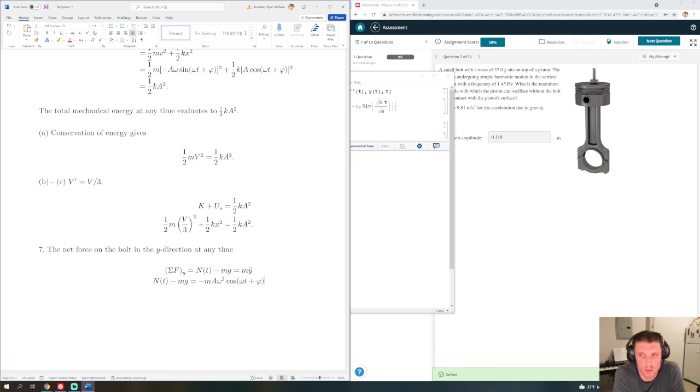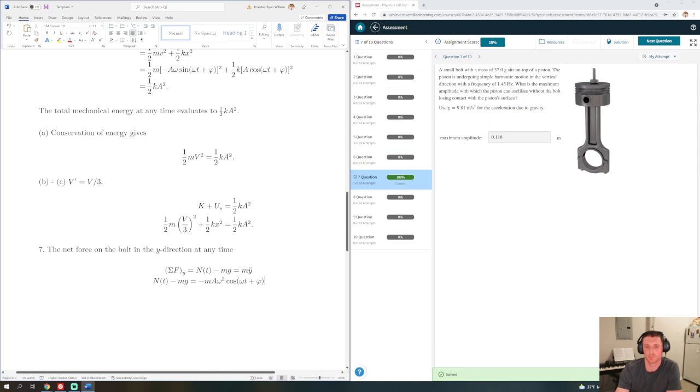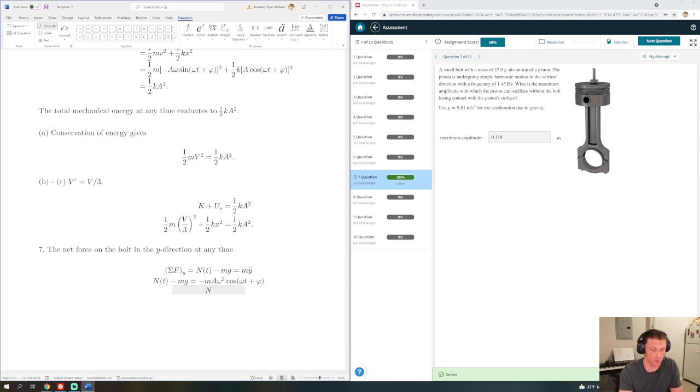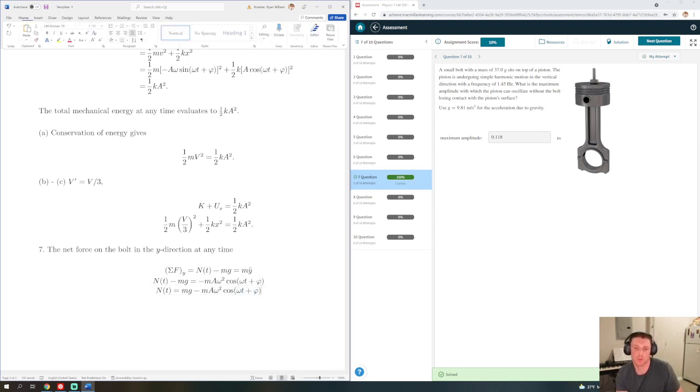So what we can do is solve this for the normal force. I feel like that's what I want to do, right? So we could say the normal force as a function of time is therefore mg minus mA omega squared cosine omega t plus phi, right? Just moving the gravitational force to the other side.